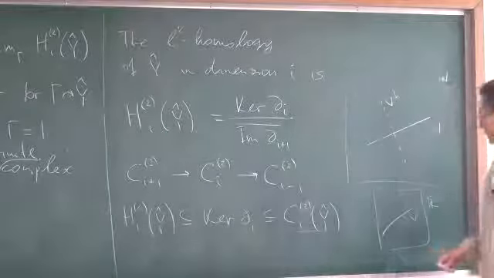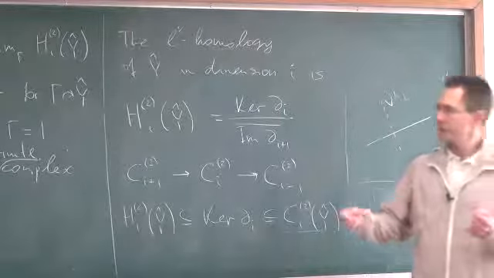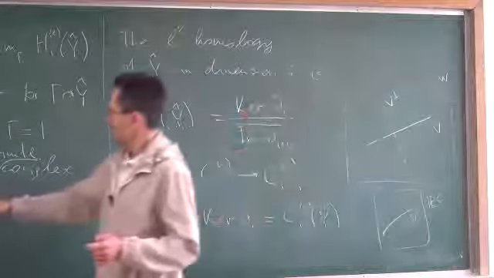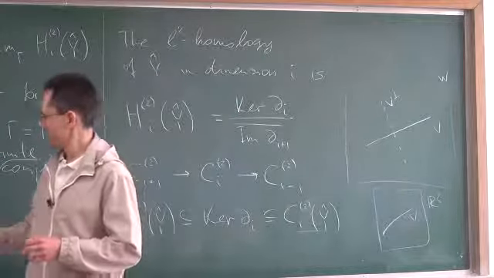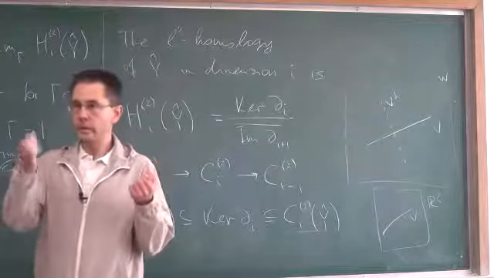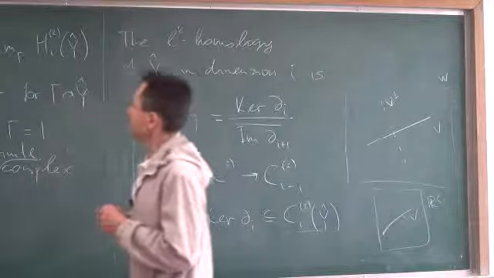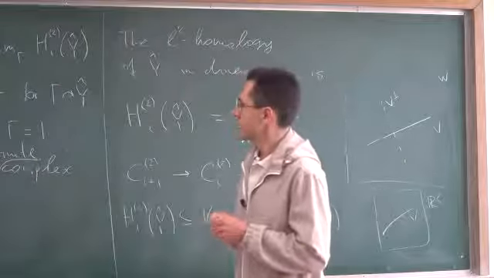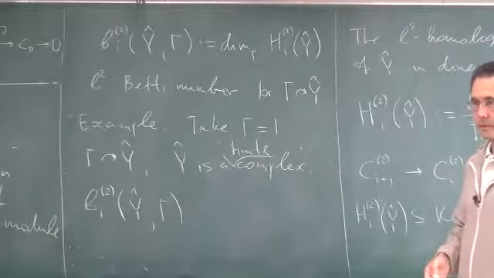So how did we define dimension? We consider the gamma action on a complex in dimension i, on all those i-dimensional cells. And in each orbit, we picked just one element, b_i. That basis we projected into the subspace.